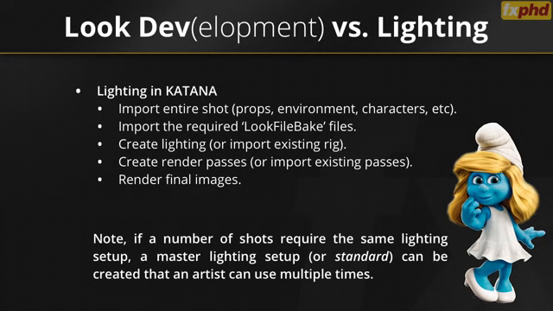And all of that is done inside of Katana using the information for lighting from whatever renderer you're using, RenderMan, Arnold, etc. Then you create your render passes, or import existing passes that you may have used for a previous show or previous shot, and those passes can be all the things we're used to. So it could be diffuse, spec, ambient occlusion, point position passes, UVs, etc.